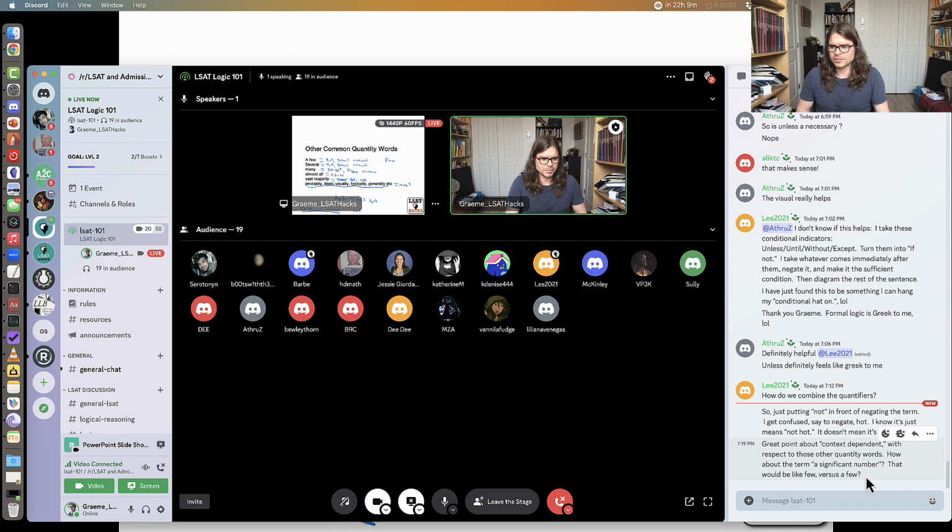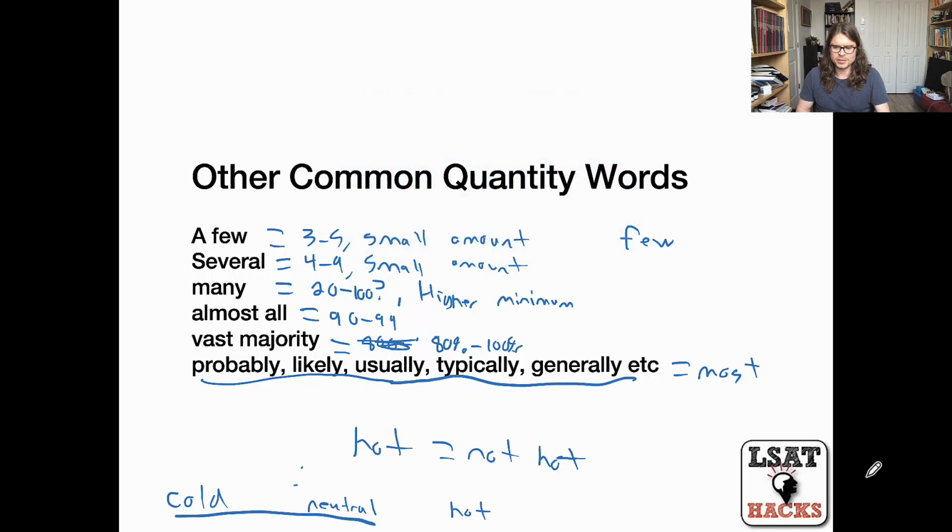Okay, so someone asked about context dependence with respect to quantity words. How about the term a significant number? That would be like a few versus a few. A significant number seems like many to me, but it kind of depends. Let's say I said a significant number of voters voted for this candidate. That seems like many. If I say a significant number of the patient's organ systems are failing, that could be like 2, right? You really don't want 2 of your organs failing.